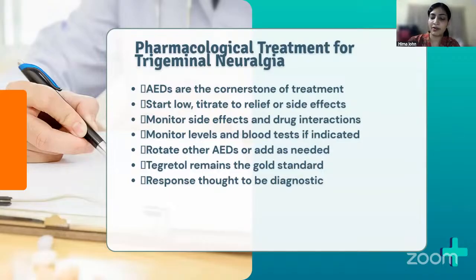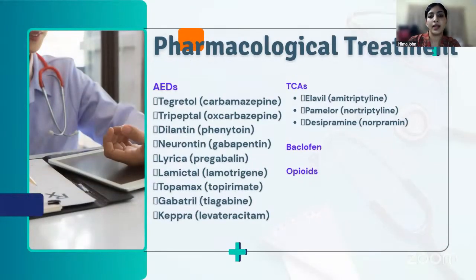Whenever you suspect a patient to have trigeminal neuralgia, start off with the basic drugs first. Now, these are the various types of drugs which could be given for trigeminal neuralgia. From anti-epileptic drugs, tricyclic antidepressants, baclofen, opioids, any of these can be started. But usually what we start off with is anti-epileptic drugs.